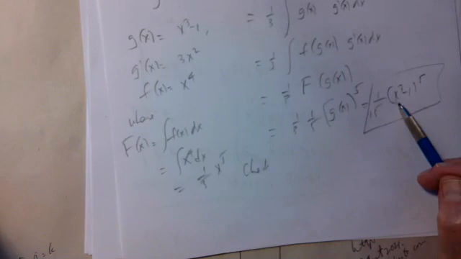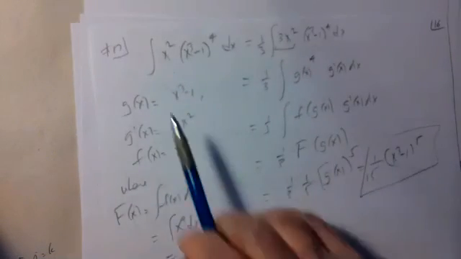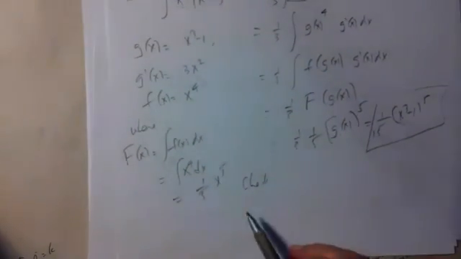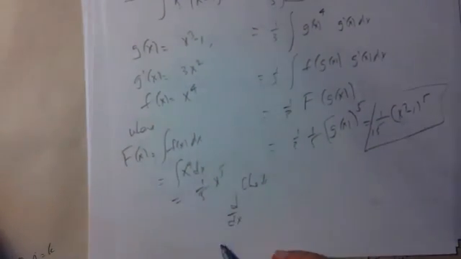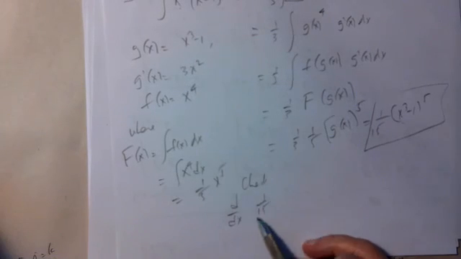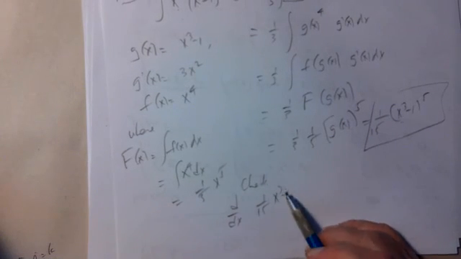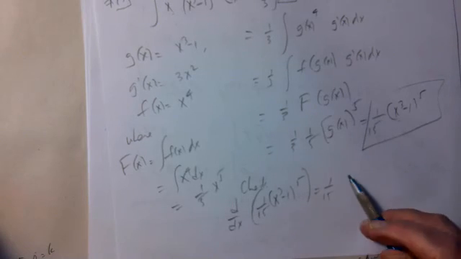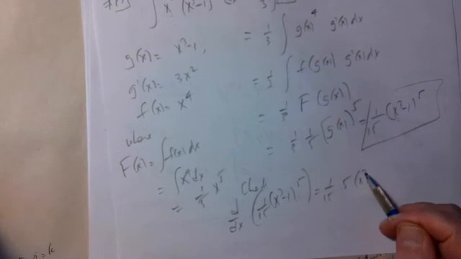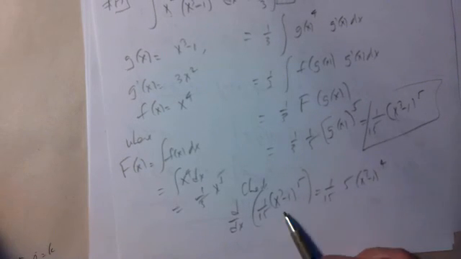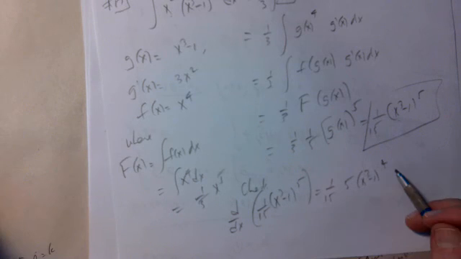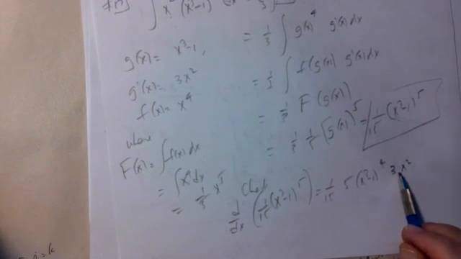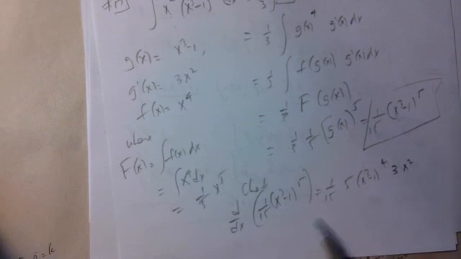It has to be the case when you differentiate this, you get back to what's inside the integral sign there. So the derivative with respect to x of 1/15 x cubed minus 1 to the 5th is 1/15 5 x cubed minus 1 to the 4th times the derivative of x cubed minus 1, which is 3x squared. 5 times 3 is 15.